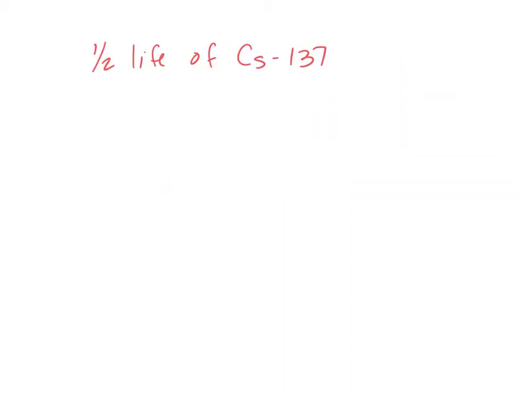The half-life of CS-137, which is the name of the compound, is 30.2 years. So every 30.2 years, the amount is 1/2 the initial value.